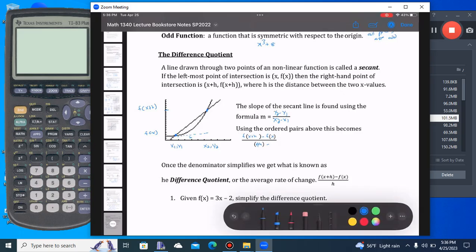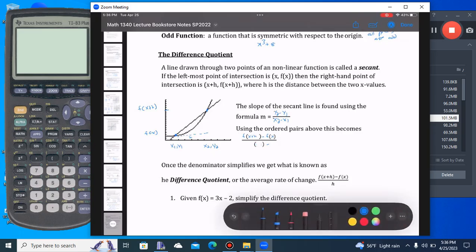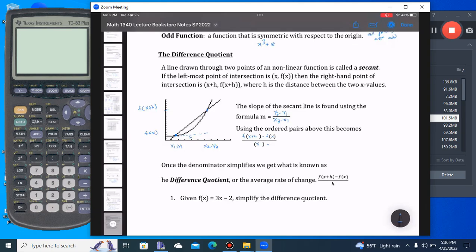So x2 becomes x plus h, and x1 is x, where again the difference between x and x plus h is h.